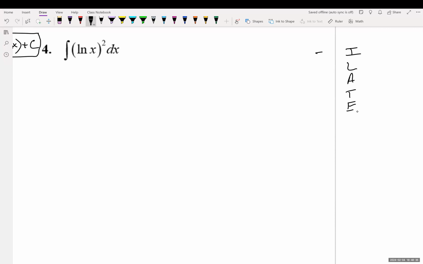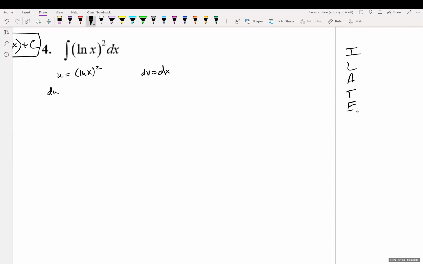And we notice we don't have any inverses, but we do have a logarithm. And although it might be tempting to make the inside u, we're going to have a problem with that square there, right? So sometimes you have to kind of guess with this stuff and see what happens. So I'm going to let u equal ln x squared, and I'm going to let dv equal dx and just see what happens.